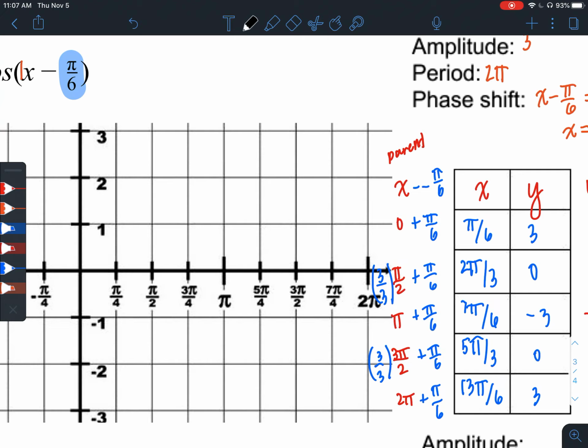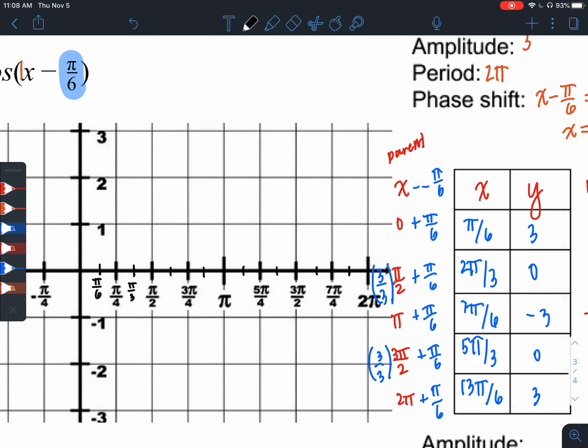So I'm going to go ahead and label these. This is going to be pi over 6, pi over 3. So 1 pi over 6, 2 pi over 6, 3 pi over 6, 4, 5, 6, 7, 8, 9, 10, 11, 12.